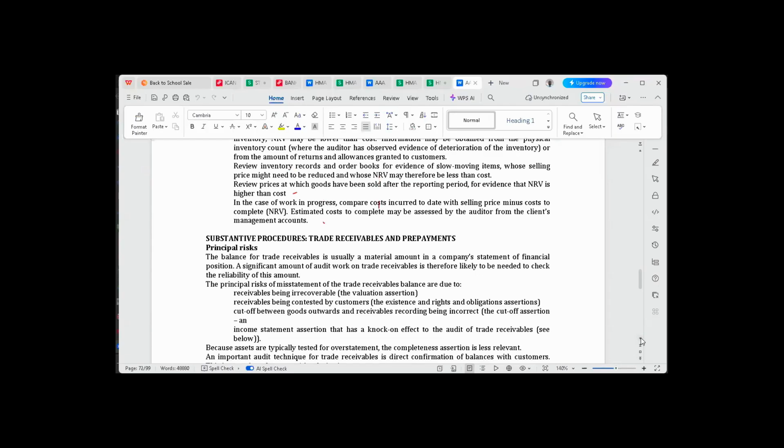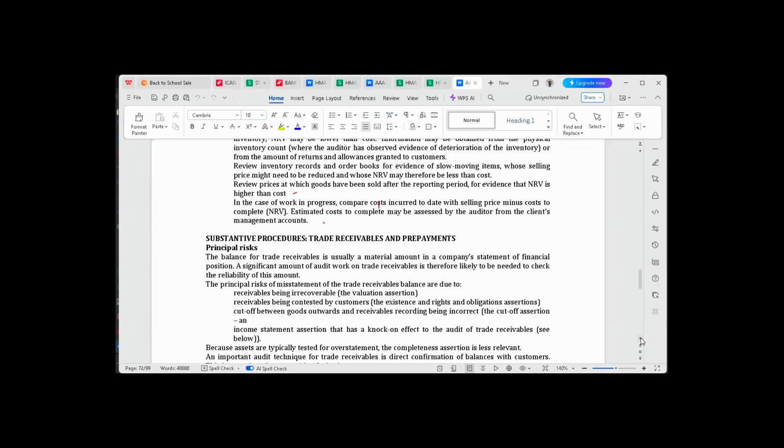another thing you also need to do is that sometimes you might have to test for the income statement assertion. Okay, under income statement assertion, you have the assertion based on transactions and events, right? Where you have the occurrence, you have to verify that those sales actually occurred, because sometimes you might have fictitious receivables. Yes, just to make the financial statement look so presentable, they will create fictitious receivables.